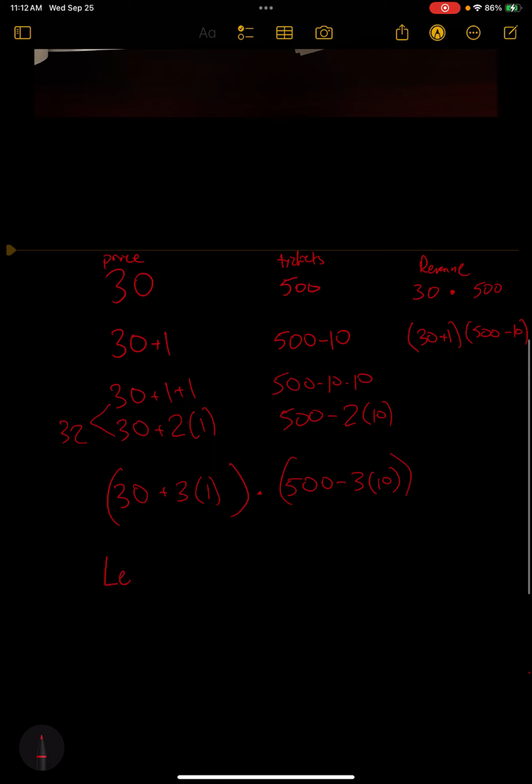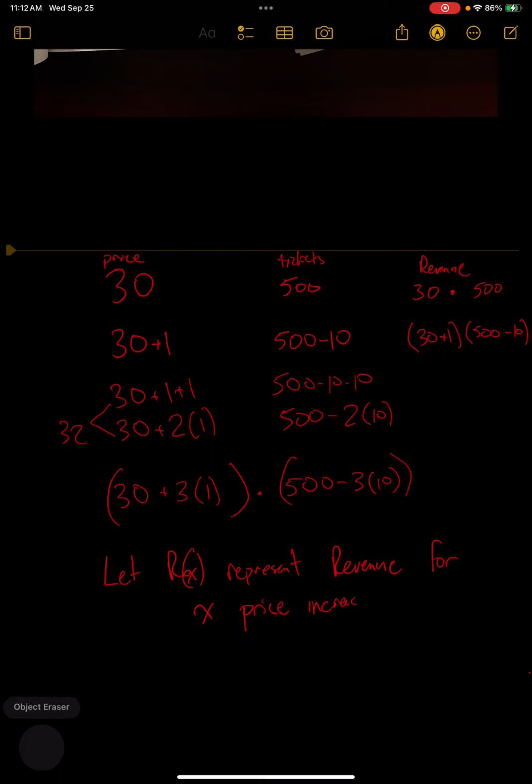So let R of X equal revenue for X price increases, the number of price increases.